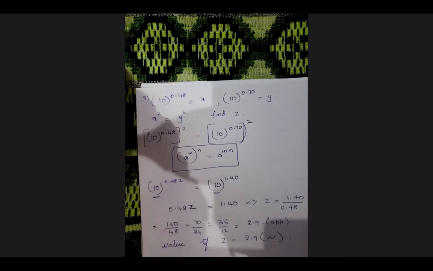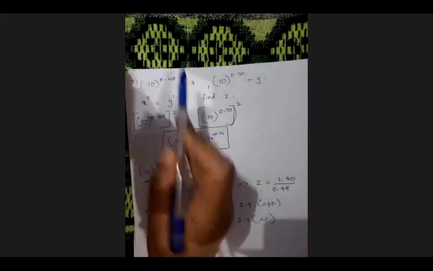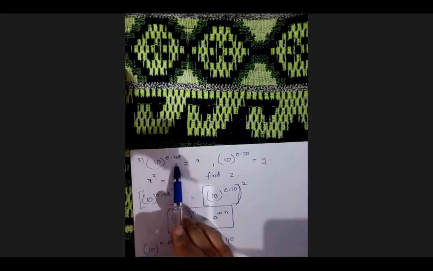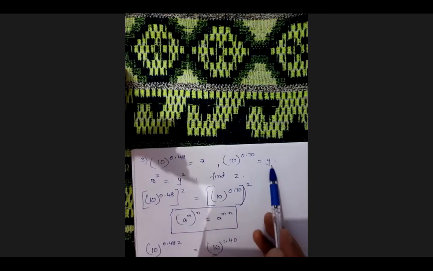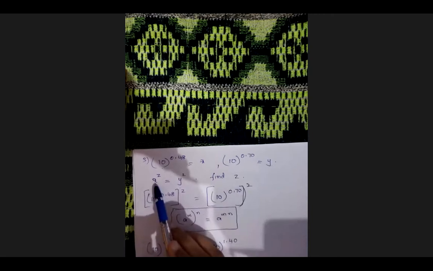You got it? You want me to explain once again? Explain once again, ma'am. Okay, then. Given that x is equal to 10 power 0.48, and y is equal to 10 power 0.70, and given that x power z is equal to y square, they ask us to find z.